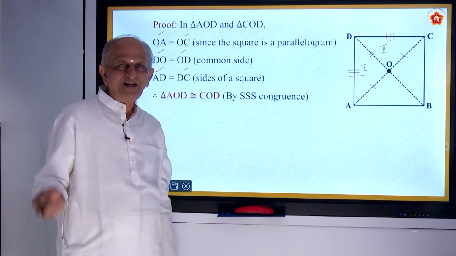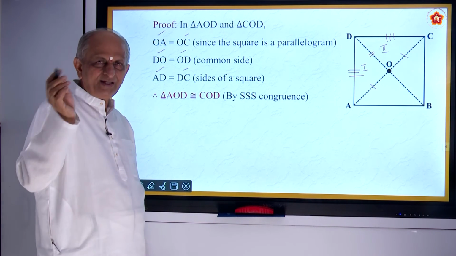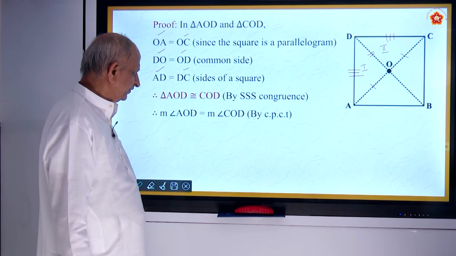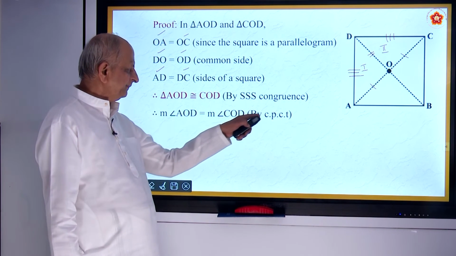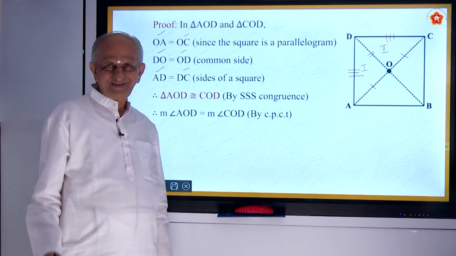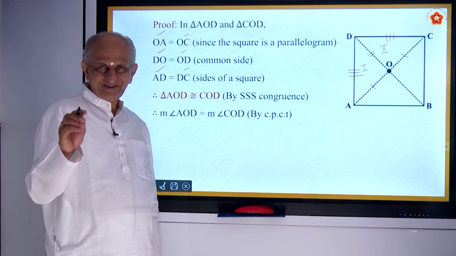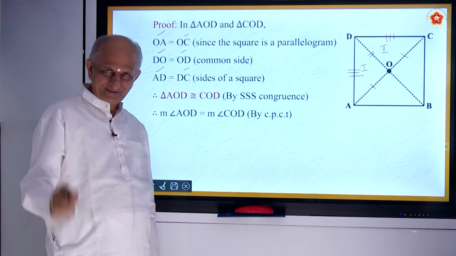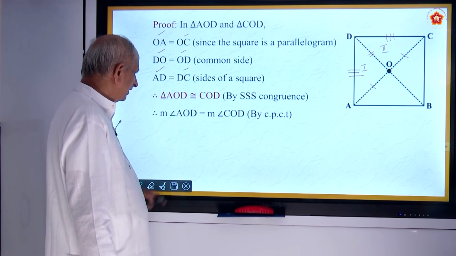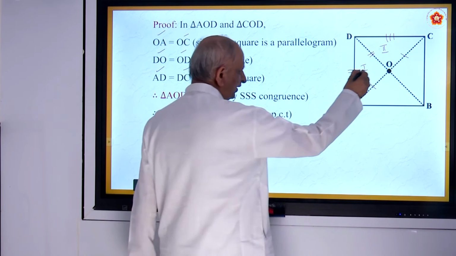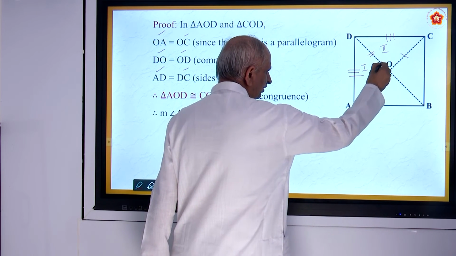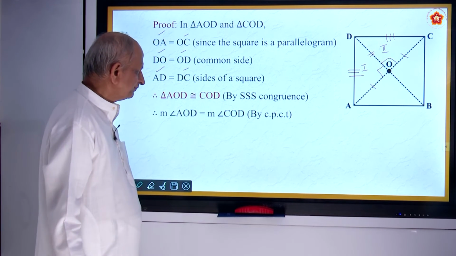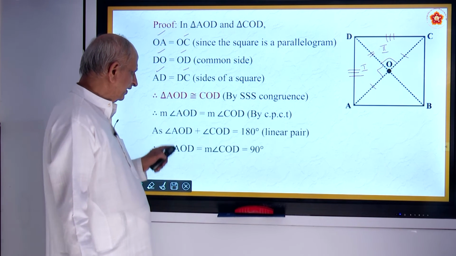Means all the angles, all the sides will be equal, and therefore we can say by CPCT. What is CPCT? Corresponding parts of the congruent triangles. So, that means what? Angle AOD is equal to angle COD. And what is the sum of the two angles? Sum of the two angles is 180 degrees.